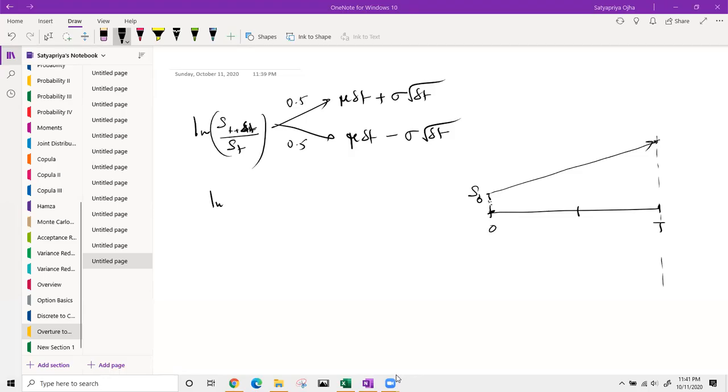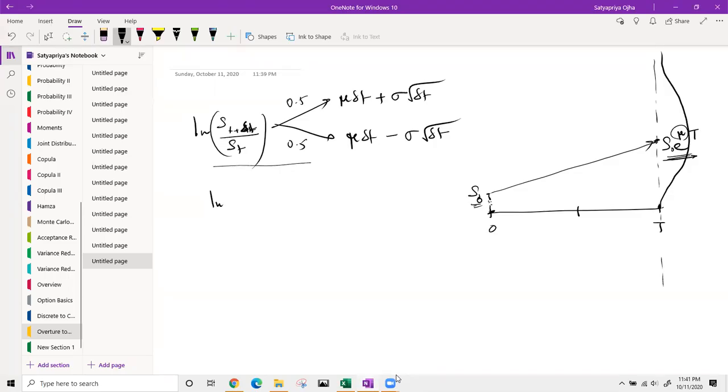So this is some distribution, and this value is S0 e to the power mu t, okay? And mu, so your average stock price, you expect to land here. That is the definition of mu. Your definition of mu is that your average value of the terminal stock price is this.